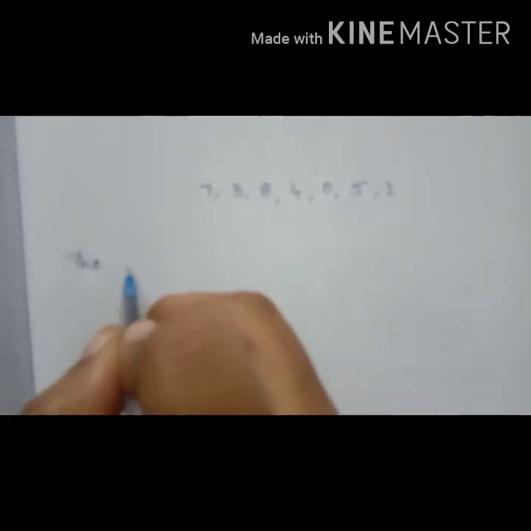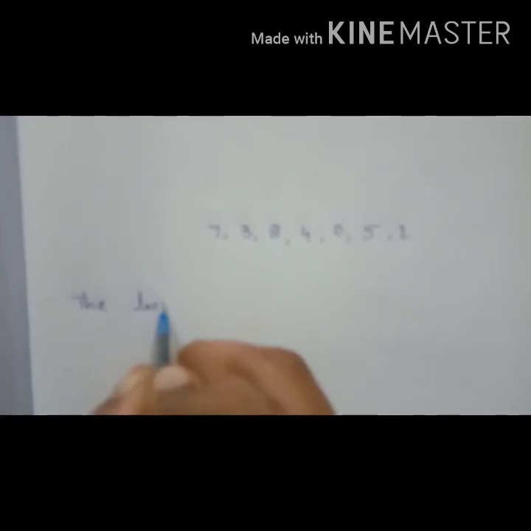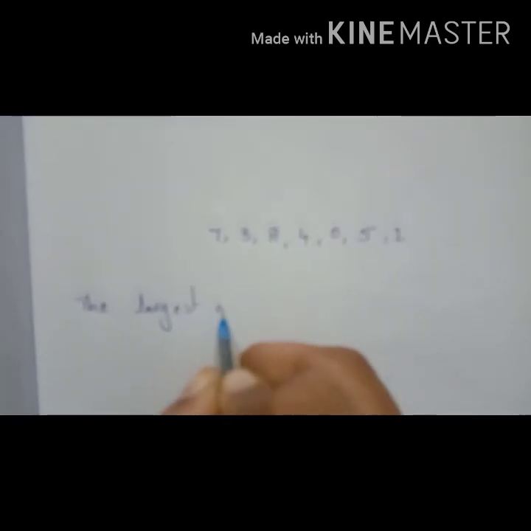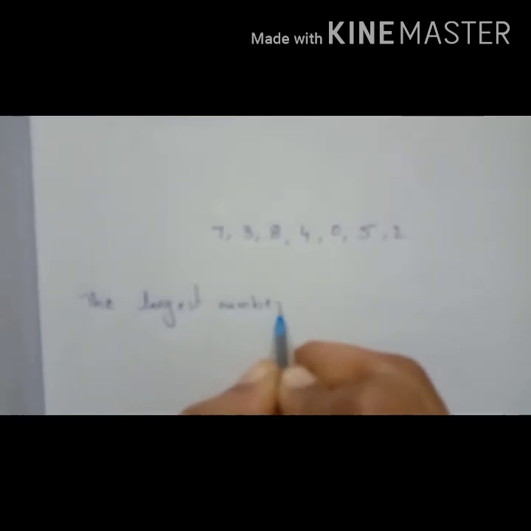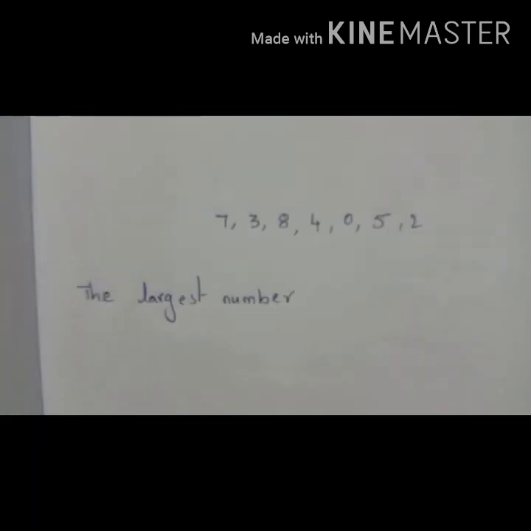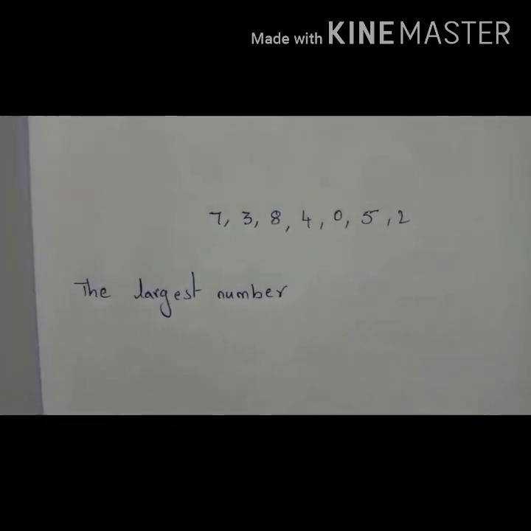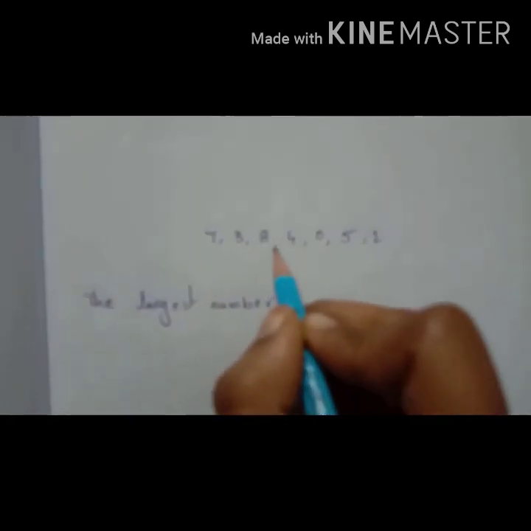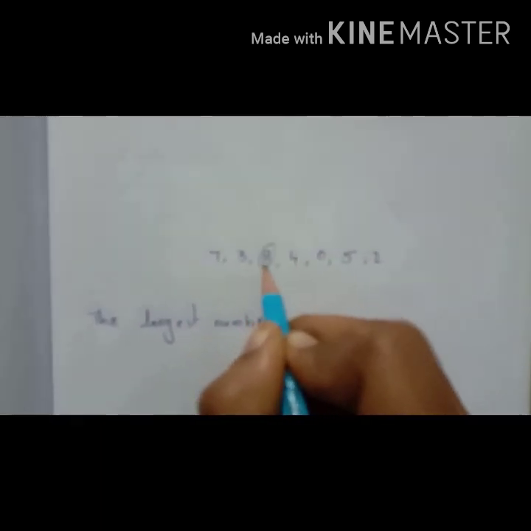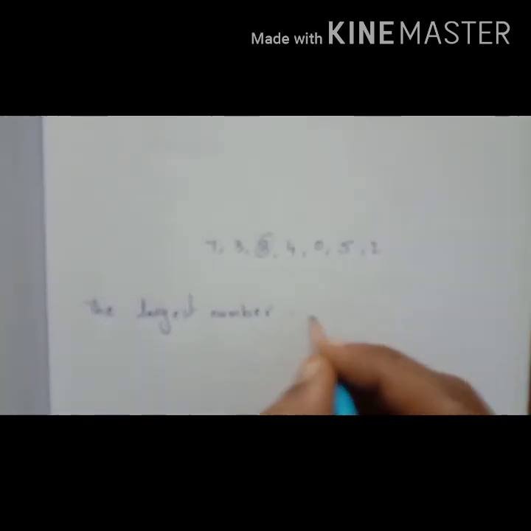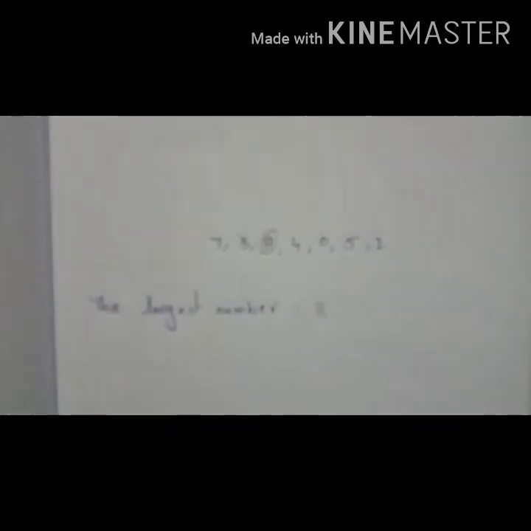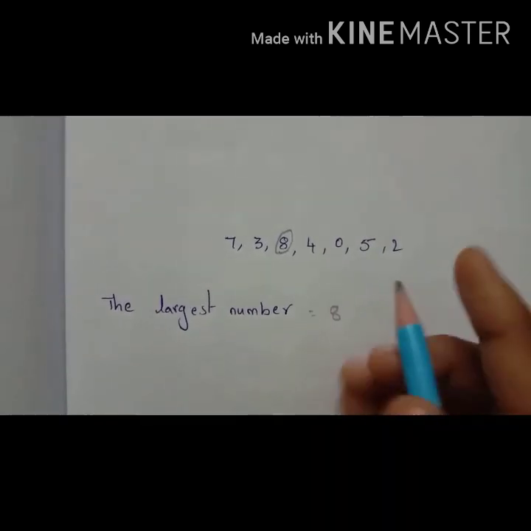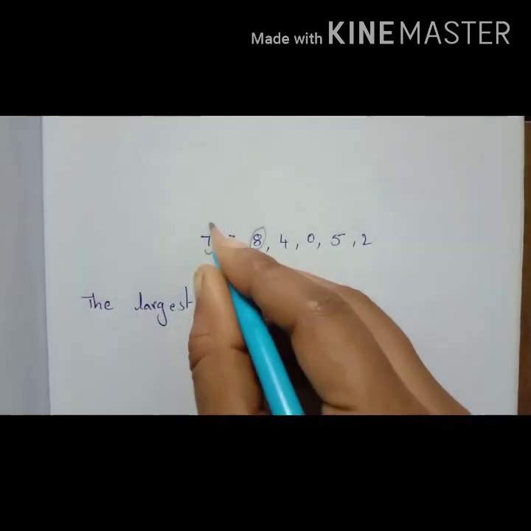The largest number. First, what do we have to write? What is the largest number? See, children, among all these numbers, which is the highest number? 8. So first we have to write 8 here. And next, what is the largest number? 8 after 7.